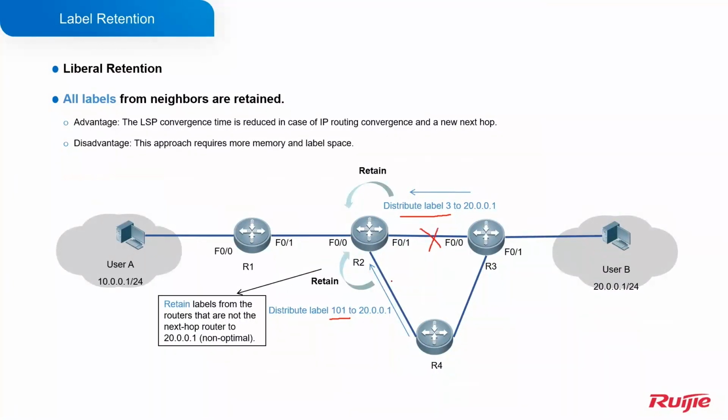We can directly use the backup label 101 to reach the same destination. So if you use this way, your convergence time will be reduced. But the disadvantage is you need more resources, more space, more memory to install all the labels. So this is liberal retention.